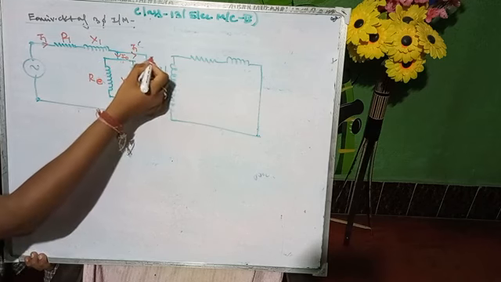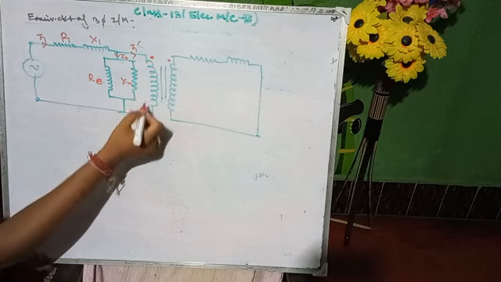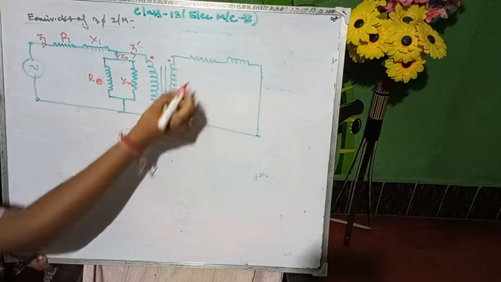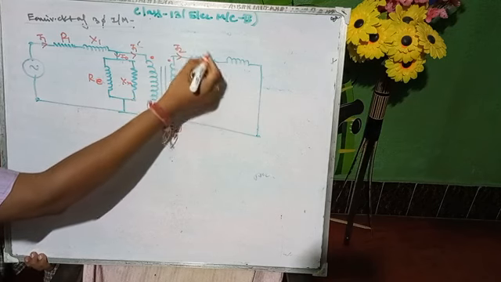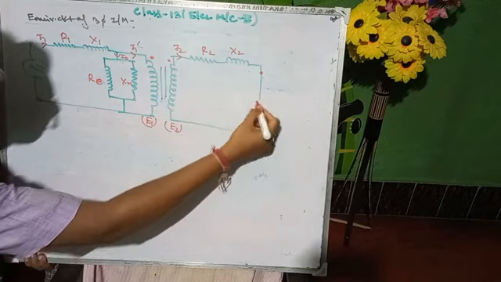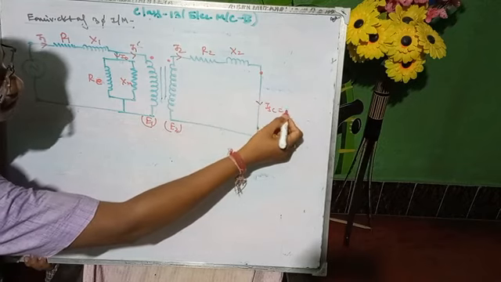Here E1 is generated, here E2 will be generated, and from here I2 current is flowing through R2, X2, and the secondary terminals are short circuited, that is ISC equals I2.